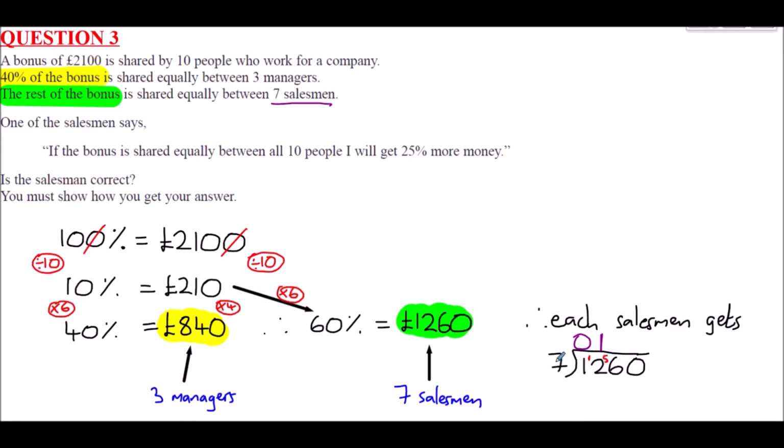Next, we see if we can fit this 7 inside 56. Well, 7 times 7 is 49. An extra 7 would take us to 56 exactly. And then 7 into 0 doesn't go. It goes 0 times, but to complete the division, we still write that 0. So each salesman gets £180. So we can write that.